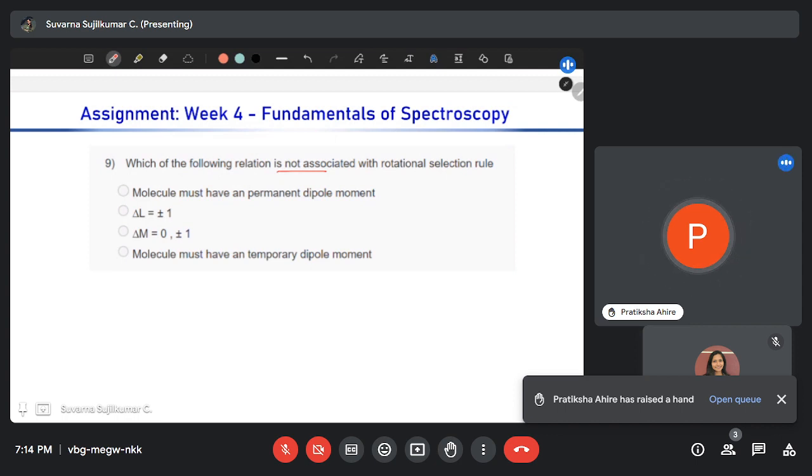The molecule must have a permanent dipole moment. Another: delta L is equal to plus or minus 1. Delta M is equal to 0 plus or minus 1. The molecule must have a temporary dipole moment.